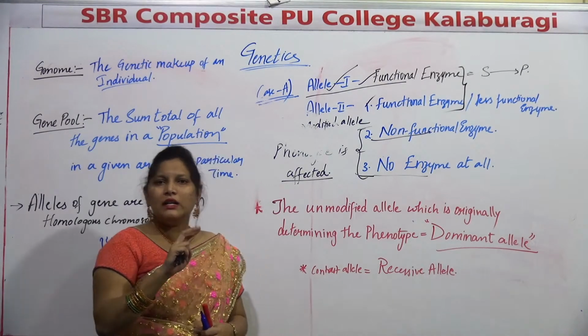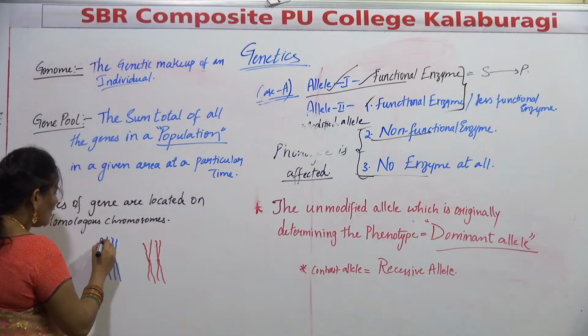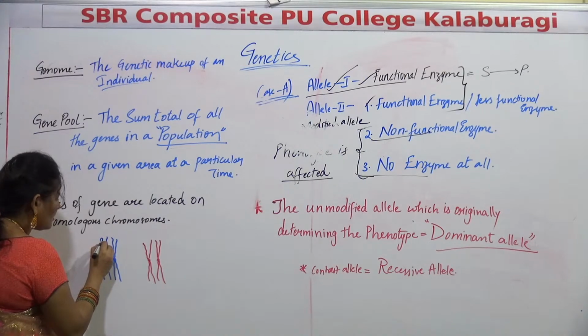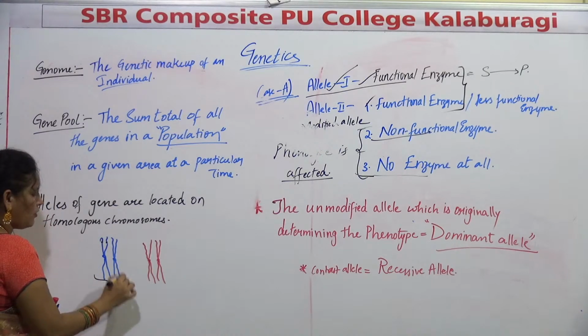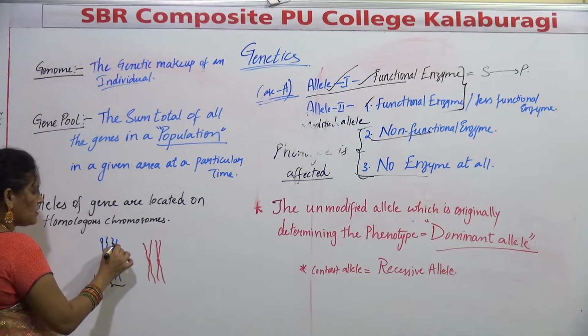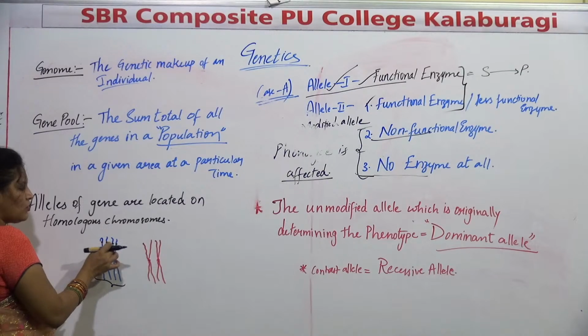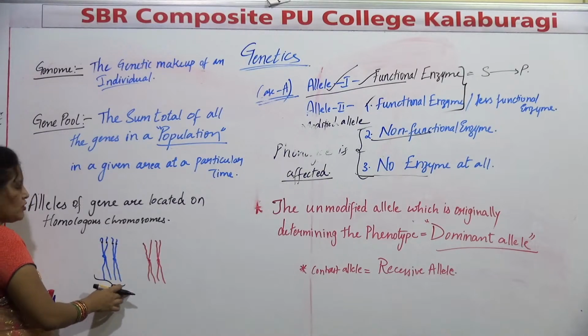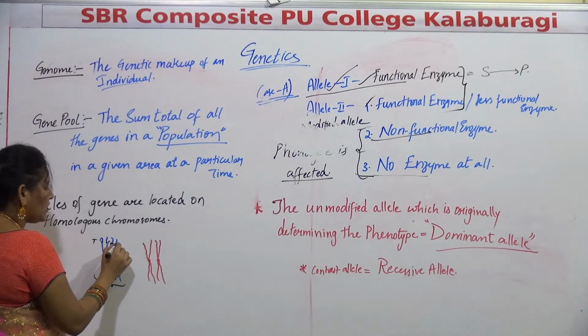These two alleles are located on homologous chromosomes. This is a pair of homologous chromosomes, and this is a pair of homologous chromosomes. They are located on the sister chromatids of these homologous chromosomes, that is capital T or small t.